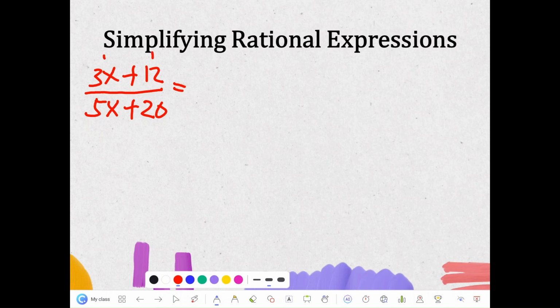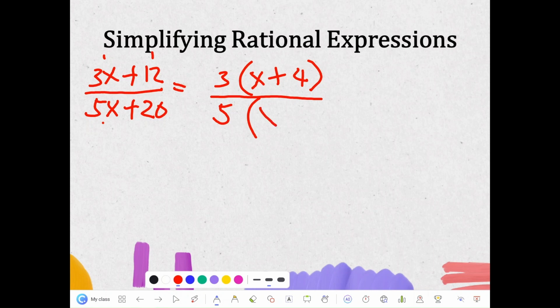So you will have here 3 and then x plus 4. So dahil 3 times x is 3x and 3 times 4 is 12. And ngayon, sa baba naman tayo mag-factor, magkakaroon ka rito ng greatest common factor ng 5x tsaka 20 is 5. And 5x divided by 5, we'll have here x plus 4.